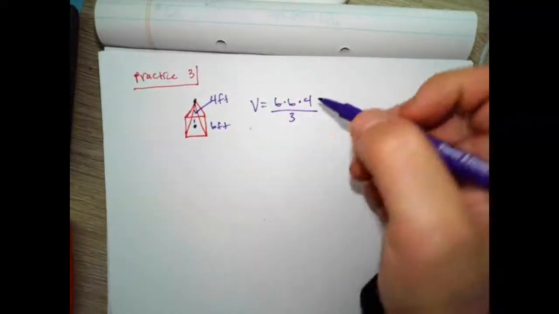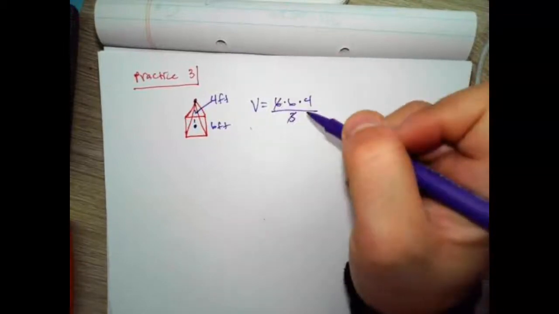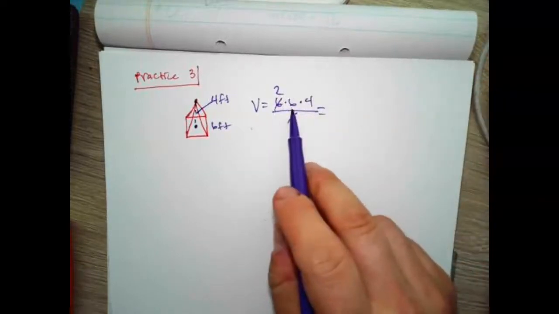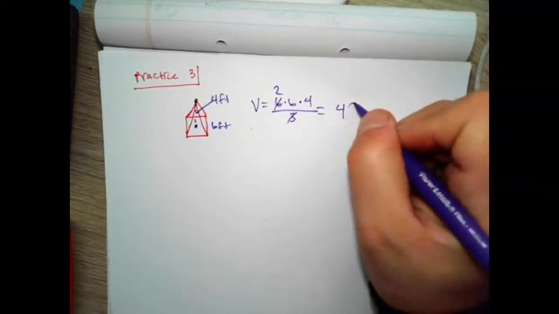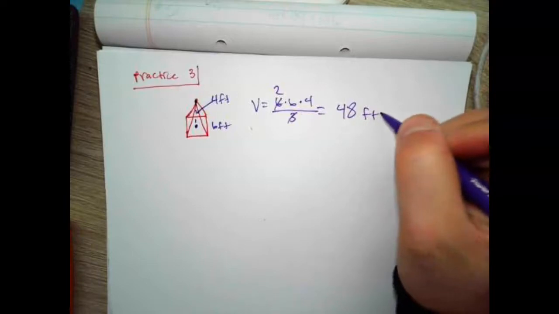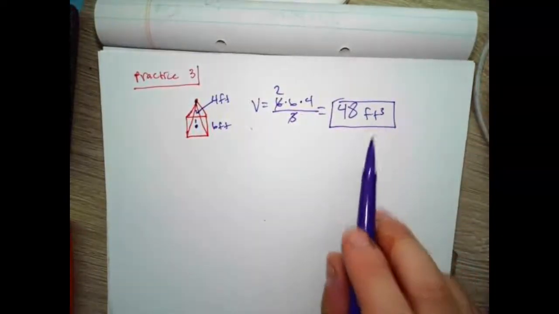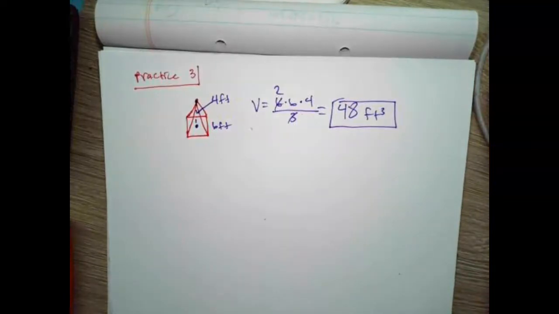Since it's all multiplying and dividing, you actually could divide first if you want. 6 divided by 3 is 2, and then 2 times 6 is 12, and 12 times 4 is 48, and that's cubic feet again. Remember, we're doing volume. It's a 3-dimensional measurement, so it is cubic.